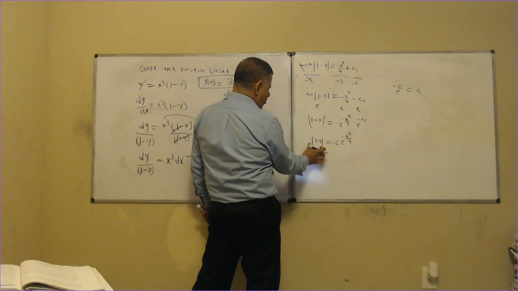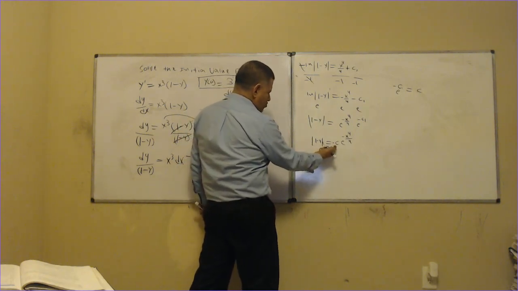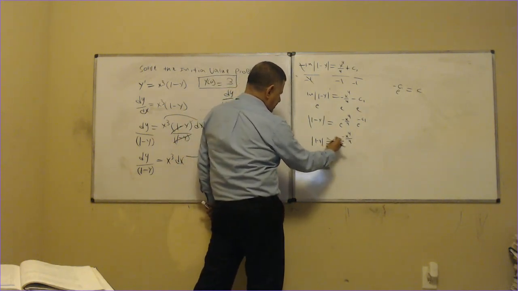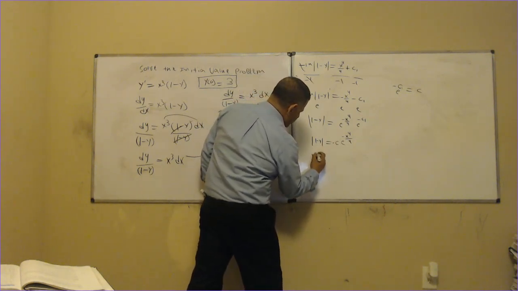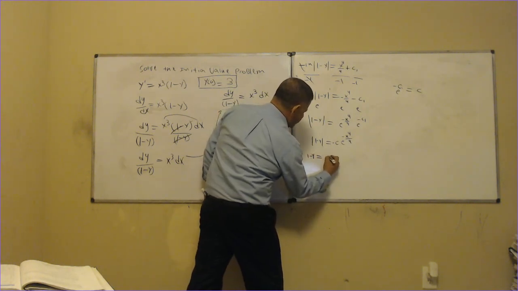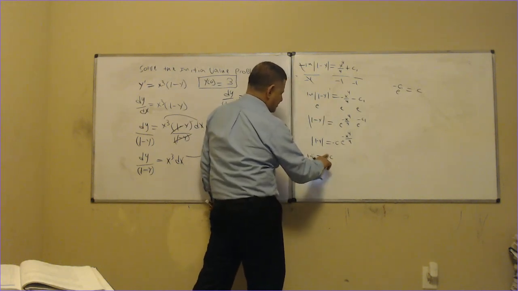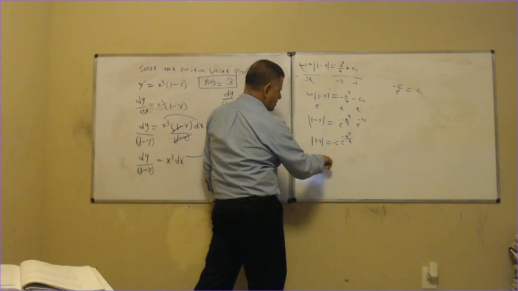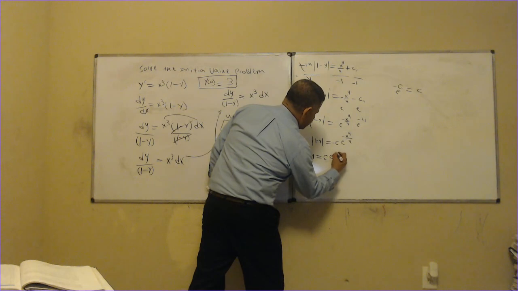Now, what you do is take the absolute value of that. Well, that's the same thing, right? So that's how you know that this can be written as y minus 1 equal to c, C e to the negative x to the fourth over 4, right?